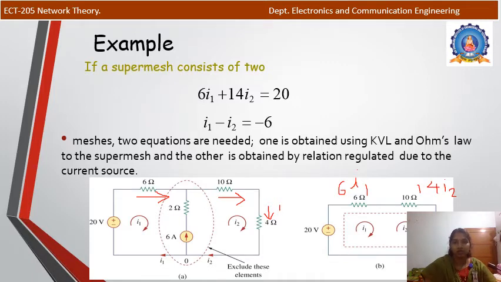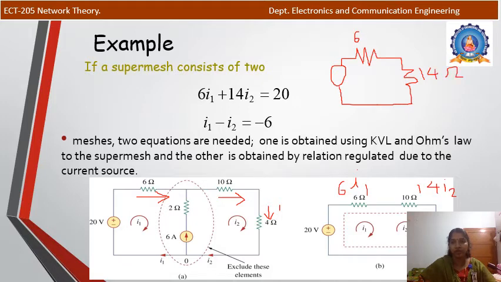Okay, so the remaining circuit, if we are considering the super mesh, the components will be one voltage source and one resistor, and again there is another equivalent resistor. This will be 6 ohm and this will be 14 ohm, and this will be plus minus 20 volt. So when we are applying KVL in this super mesh, the current through this 6 ohm is I1. So this will be I1, and through the 10 ohm and 4 ohm it is I2.